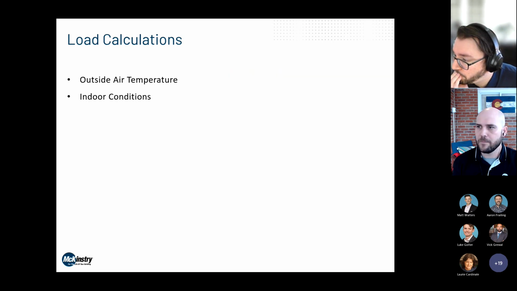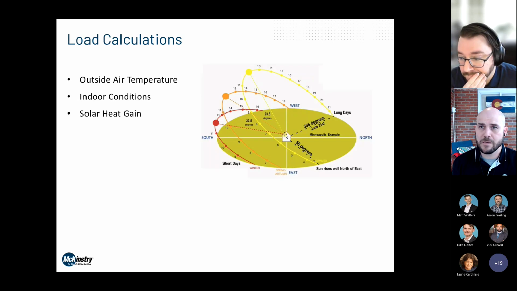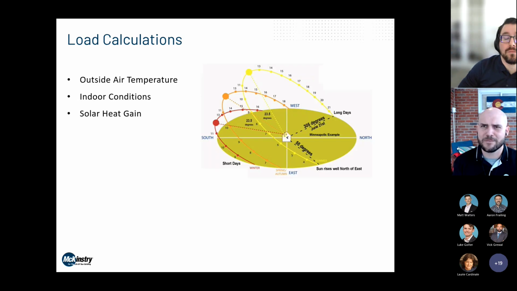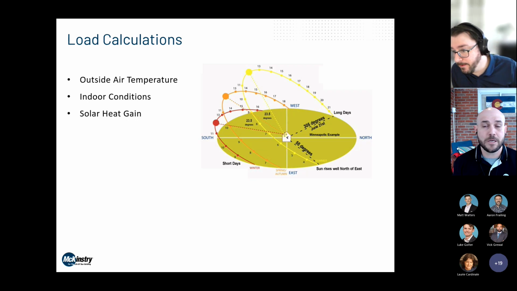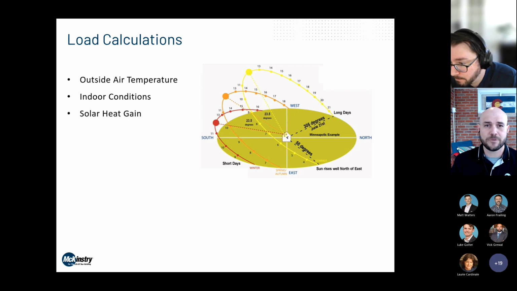We go. Next component is going to be solar heat gain. That's where a lot of our heat gain, especially in spaces that have lots of windows, comes from. And through the course of the seasons, the sun is higher in the summer, lower in the winter, and so that sun angle will change depending on where you are, latitude, longitude, and how much it contributes to south-facing glass, or more often in concert with warmer afternoon temperatures.